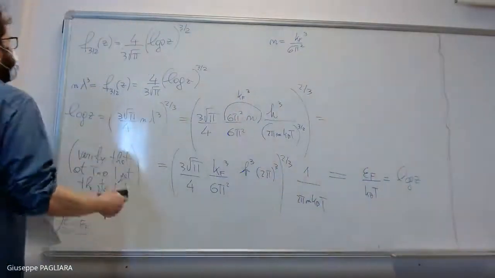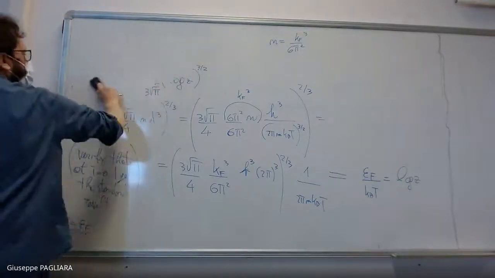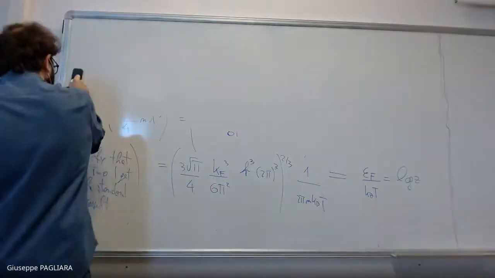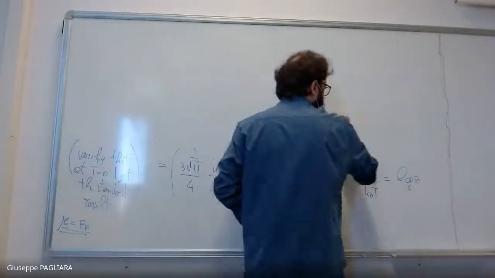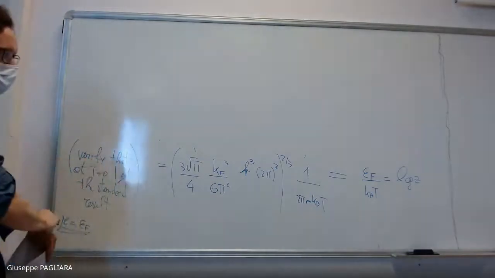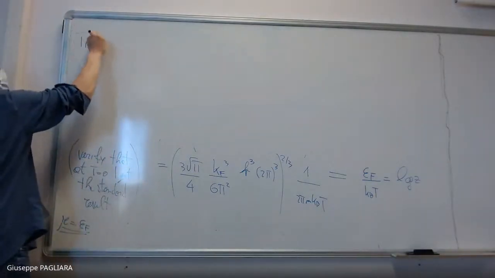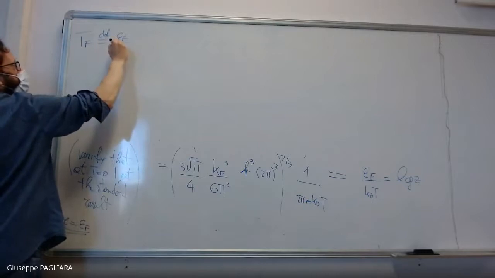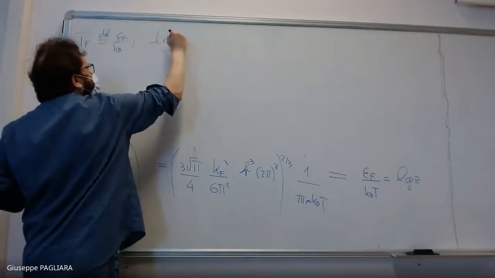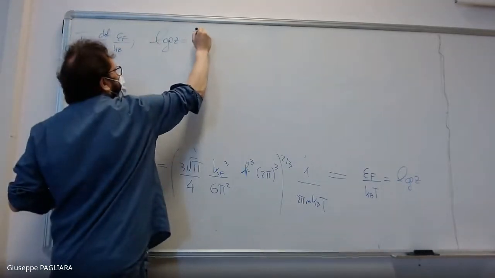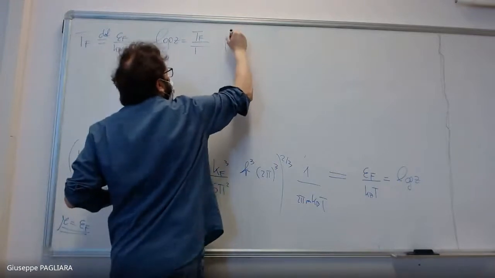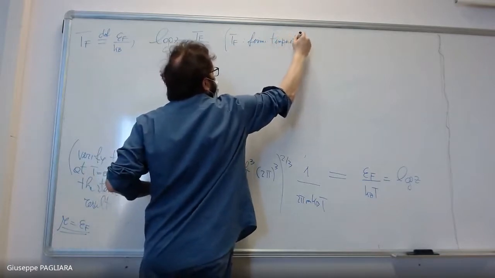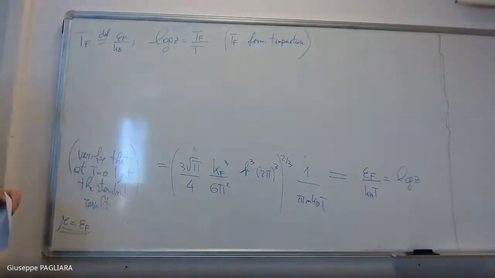You can also write this quantity as follows by introducing a new temperature scale, which is the Fermi temperature, that I name Tf, equal by definition to the Fermi energy divided by kB, and therefore the log of z is equal to the ratio between the Fermi temperature and T. And of course, this quantity goes to infinity as T is going to 0, no?